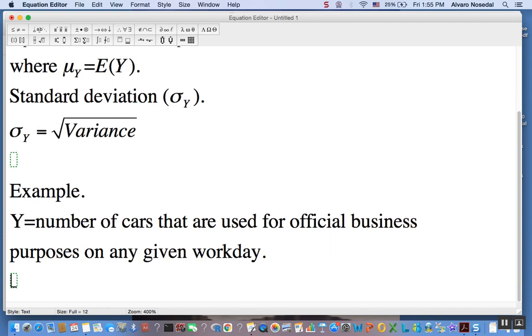Now, consider that random variable for two different companies.